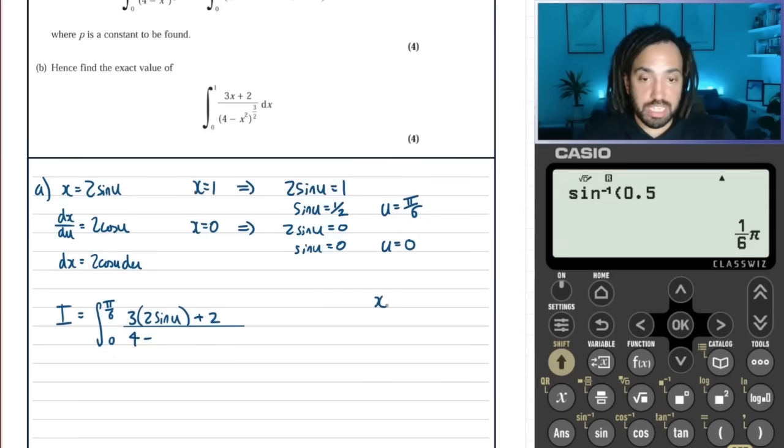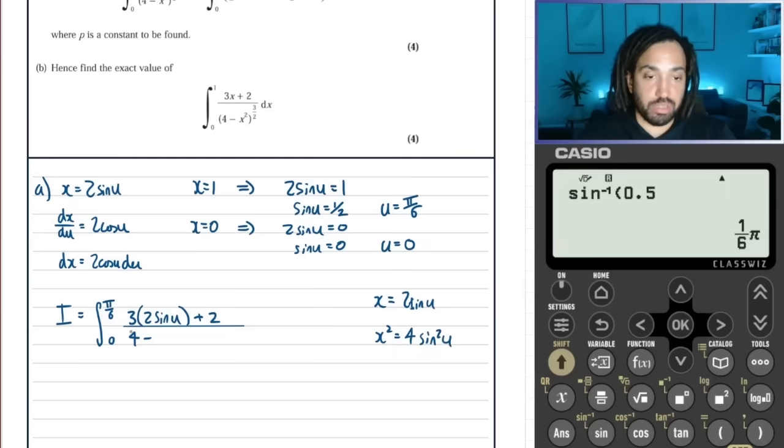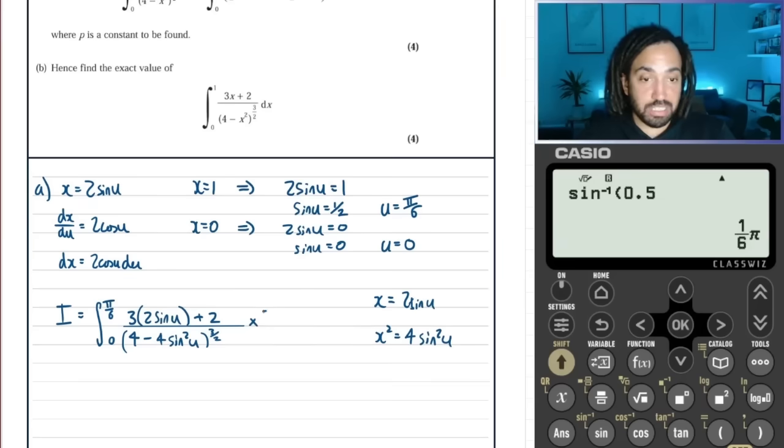So just on the side here, obviously if x is equal to 2 sine u, then x squared will be equal to 4 sine squared u. So we've got minus 4 sine squared u, and that is to the power of 3 over 2. And we need to multiply by dx, which is 2 cos u du.